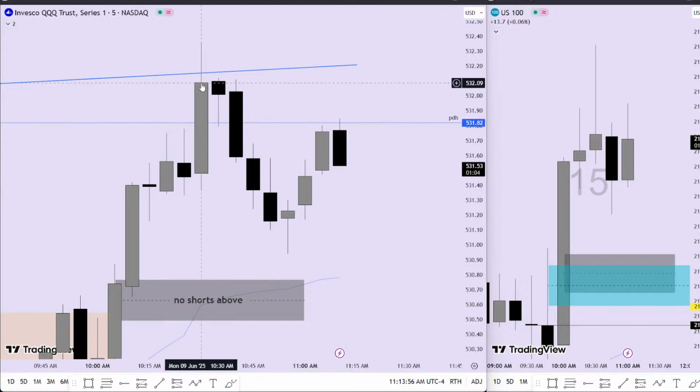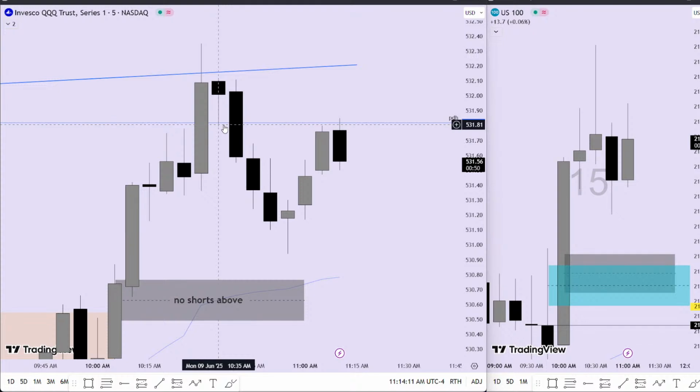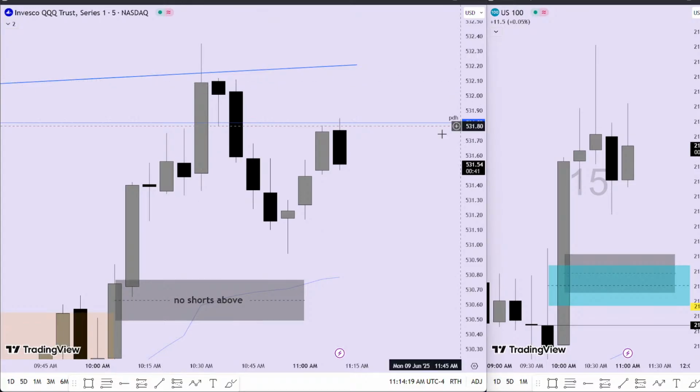Okay. The people who got long around this point or below this bar as a limit order bull got out at break even. So that's why we can see that this bar is retracing the moment we are reaching this point. We'll see the same effect if we reach this point again. If I would have bought around this point and bought some more around this point, I would have made money, right?